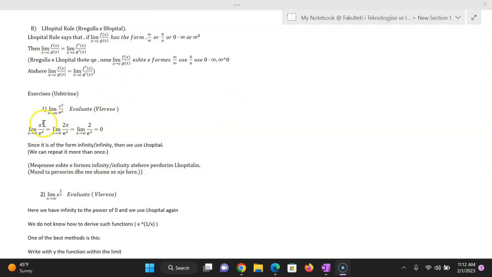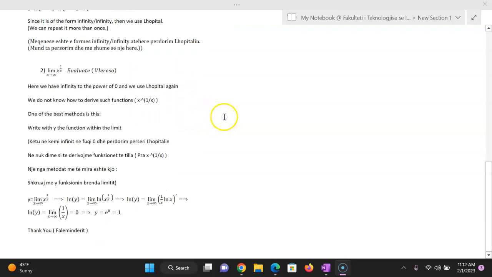The derivative of x squared is 2x, and the derivative of e to the x is e to the x. Then we have the limit when x approaches infinity, and we have to do L'Hopital's rule again, and we end up with the limit when x approaches infinity of 2 over e to the x. Now if we put the value of x equal to infinity in this formula, 2 over e to the x, we have a constant over infinity, and that is equal to 0.